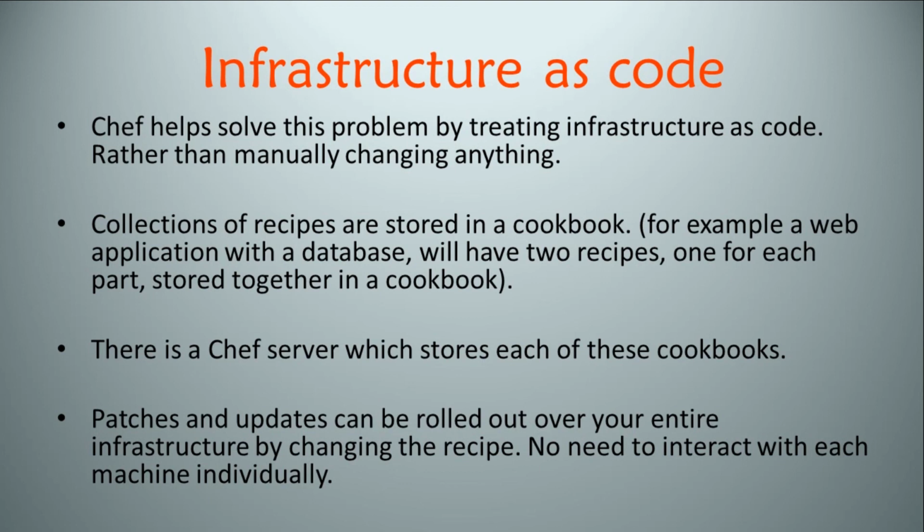We'll talk more about this: what's a recipe, what's a cookbook, what's a Chef server, what's a Chef workstation. For now, you just have to understand what infrastructure as code is. There is a Chef server where we store all the cookbooks, and patches and updates can be rolled out to your entire infrastructure by changing the recipe. No need to interact with each machine individually.